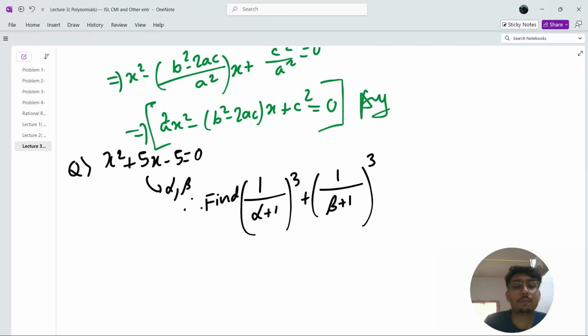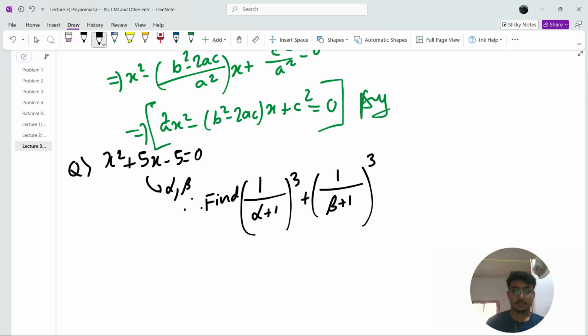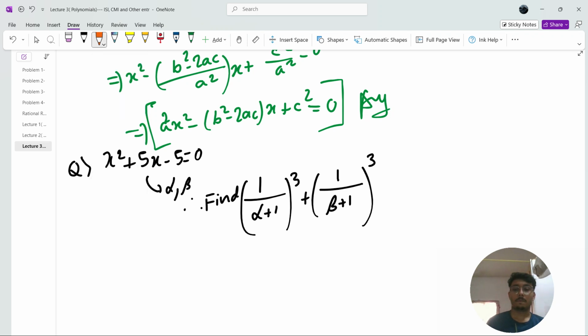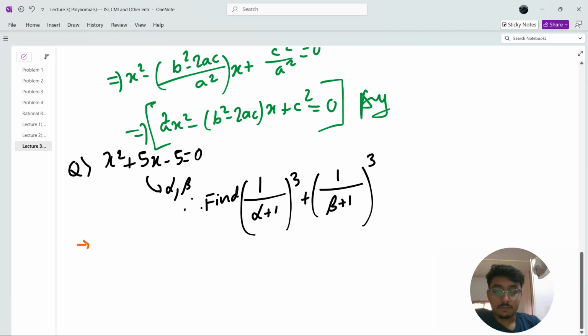This can be done in probably two ways. One is by using normal Vieta's relations, and another one is using symmetric functions. Symmetric functions I would be coming to afterwards. So now let's just focus on Vieta's relations. Time to change the color. Let's try with orange. x square plus 5x minus 5 equals 0.